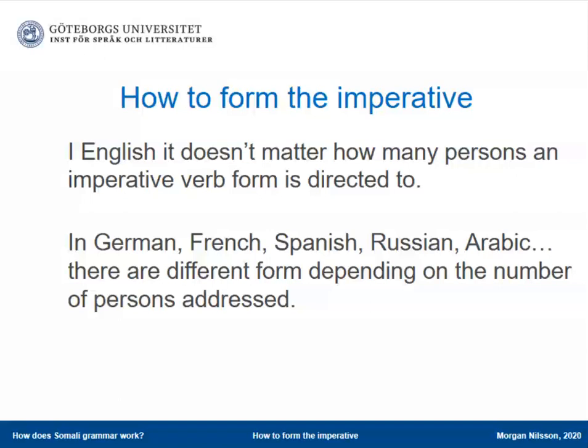And this is true for languages like French and German, Spanish, Russian, Arabic, and many other languages, that you have different imperative forms depending on who you are addressing or how many people you are addressing.